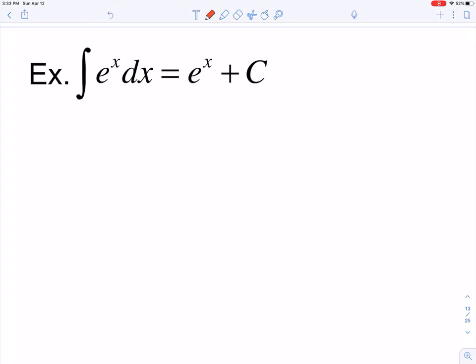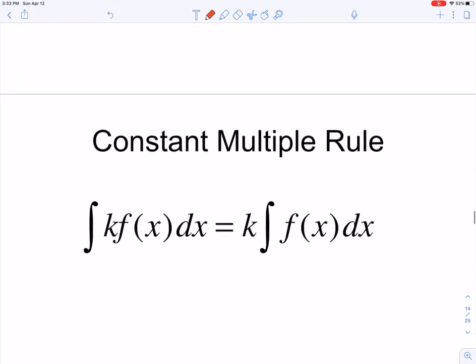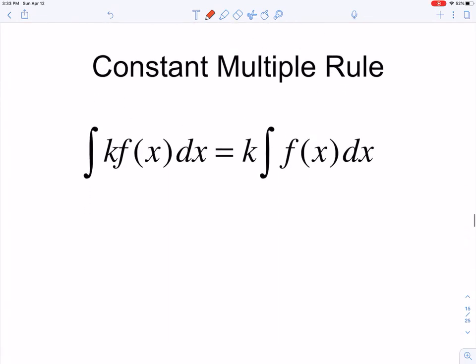And the integral of e to the x is e to the x plus c. That's because the derivative of e to the x is just e to the x. So similar to how we had a constant multiple rule for differentiation, anytime you have a function that you could think of as being multiplied by a constant, you can technically pull that constant out.